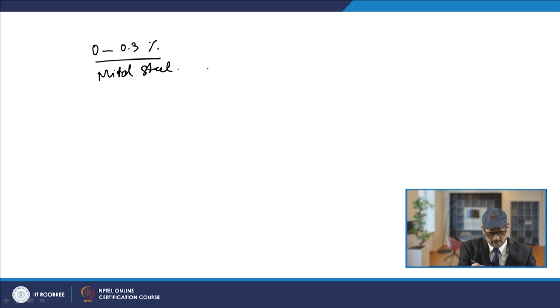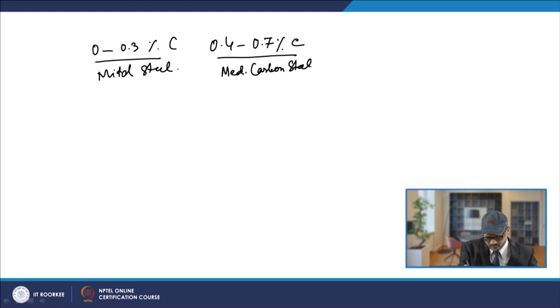Then if it is going from 0.4 to 0.7% of carbon, that is known as medium carbon steel, and it will have better hardness than low carbon steel or mild steel. Its use will normally be in axles, or you can have wheel rails.